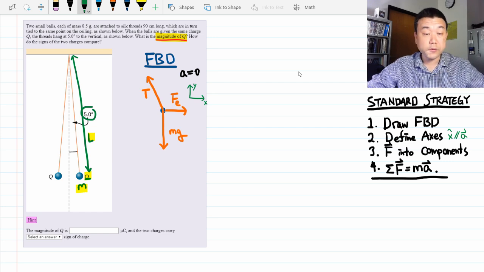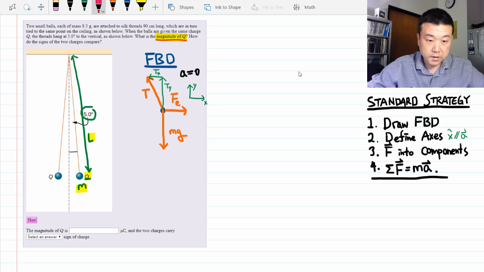We need to break down forces into components. So here, gravity and the electric force are already along one of the axes, so no components to deal with. But the tension force is in some oblique direction, so we have to divide it up into the y component and the x component. This is also the step where it's useful to label all the angles and work out some expression for the components.